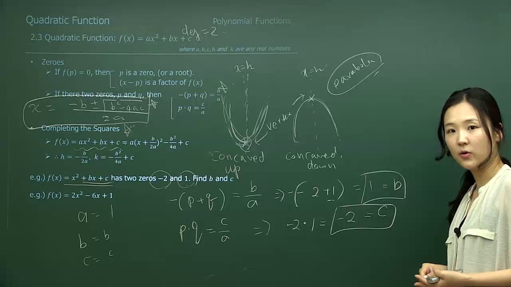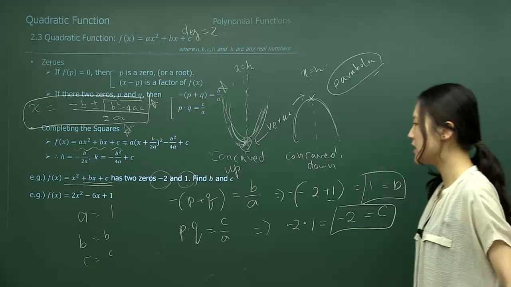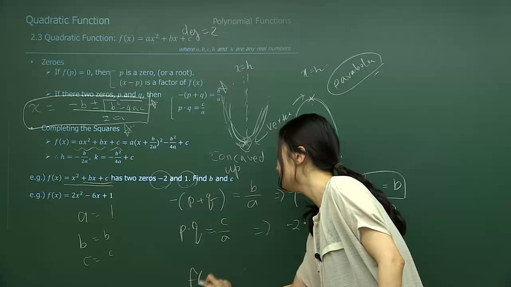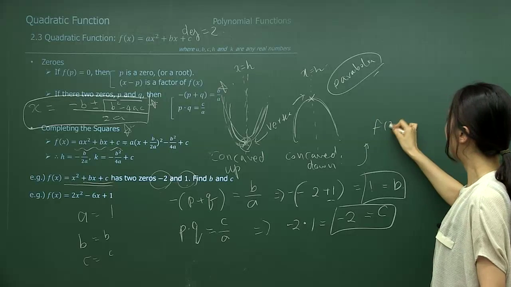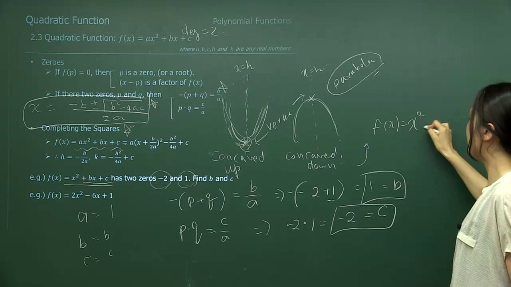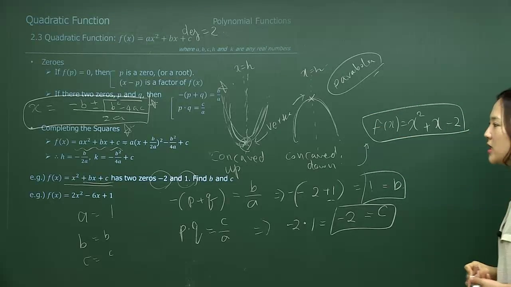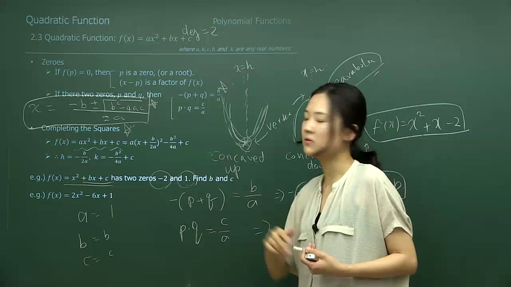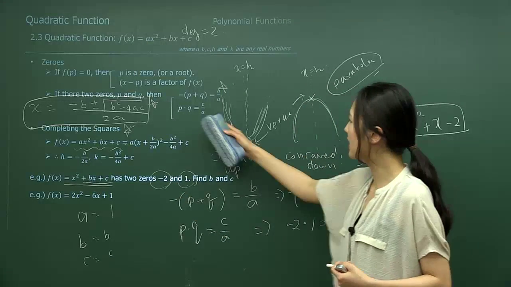These are the values for B and C. If you put these values back into the equation, you will get your function equation as f of x equals x squared plus x minus 2. That will be the equation that has two zeros, -2 and 1. Okay, so that's how we use this rule.